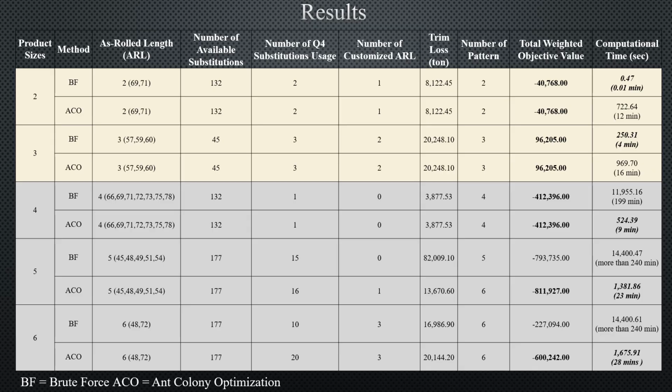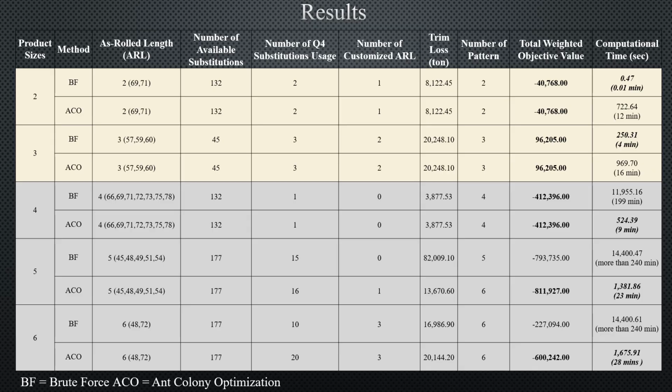After implementing the real-world data from the case study, we evaluated the performance of both the brute force approach and the ant colony optimization algorithm. The computational experiments were conducted by varying the number of product sizes from 2 to 6 to benchmark the model.